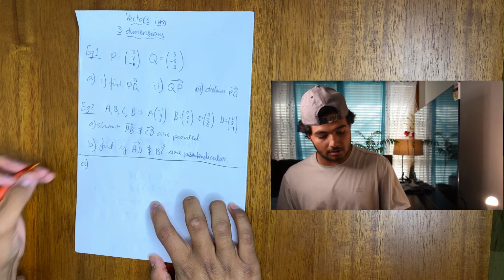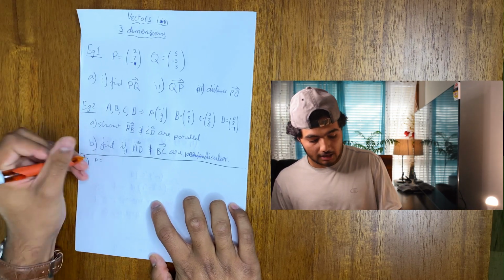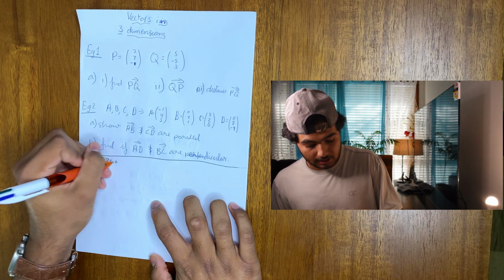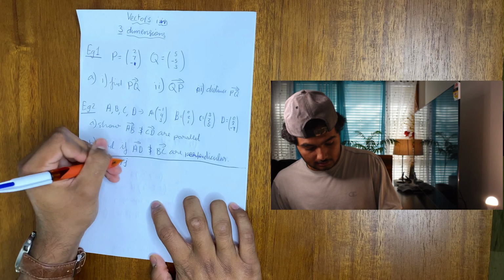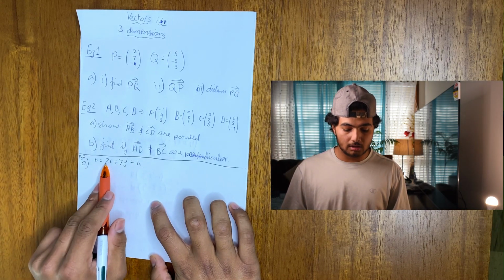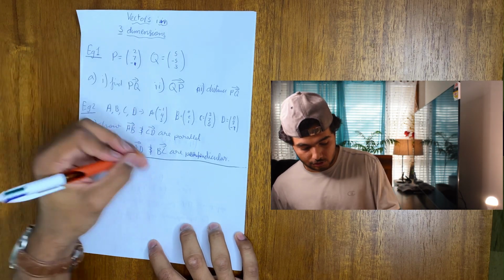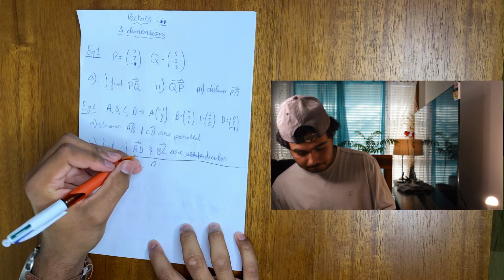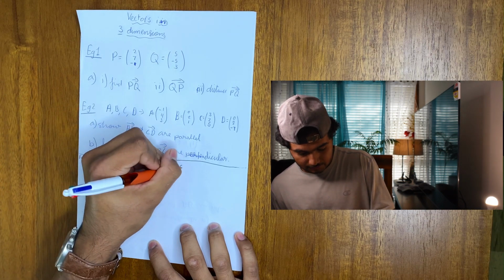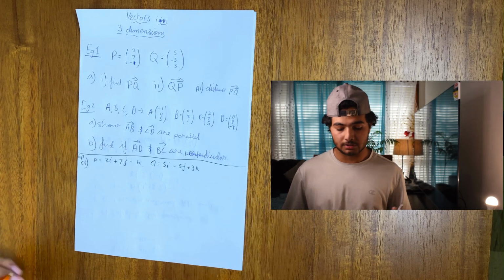Another way of writing this, P can be x of i, which is 2i, plus 7j minus k, -1k. So x of i plus y of j plus z of k. Same thing for Q. We have 5i minus 5j plus 3k in this case.